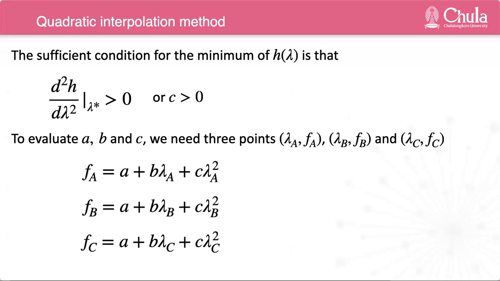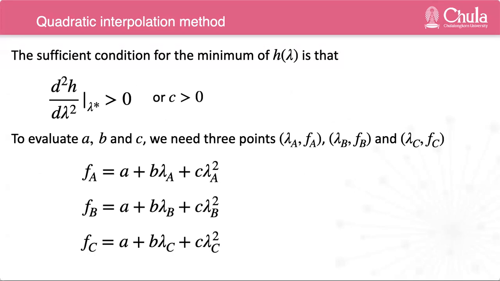The question is how to obtain the approximated quadratic function. To evaluate A, B, C, we need 3 points, of course.